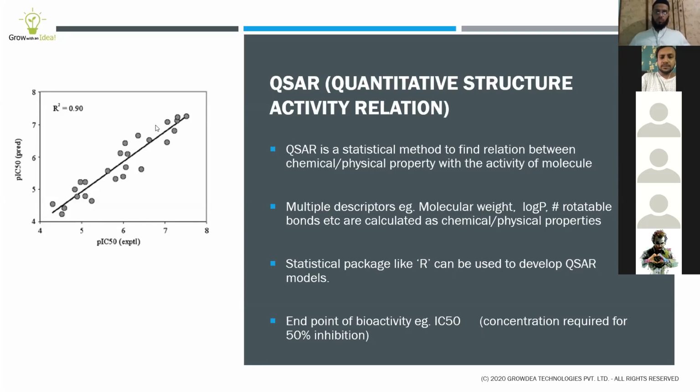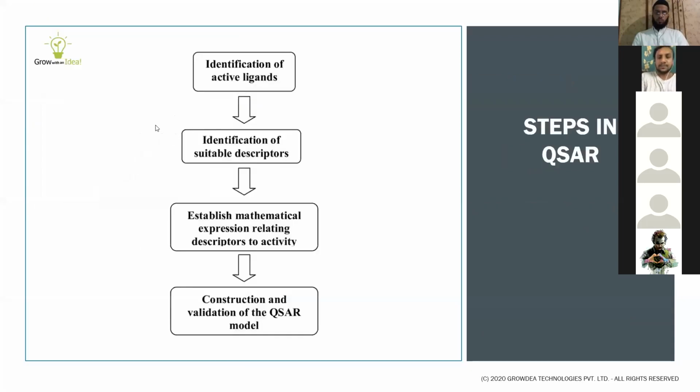The end point of the bioactivity is the IC50. This is what we want to predict, or we call it a predictor. IC50 is a predictor. And what are the features? The features are the chemical properties. Now, the steps in QSAR: identification of active ligands from the known data set, then identification of suitable descriptors.